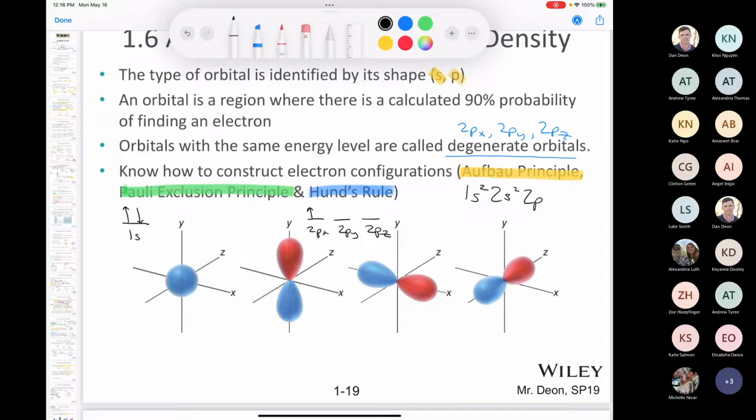But if you have 2p2, you don't put the next electron and pair it up like that. The next electron goes into the next available orbital, and so on. You only start doubling up electrons once each orbital has one electron in it. And thus, if we had 2p4, then you can start pairing up electrons. That's Hund's rule. So make sure you know those three rules.